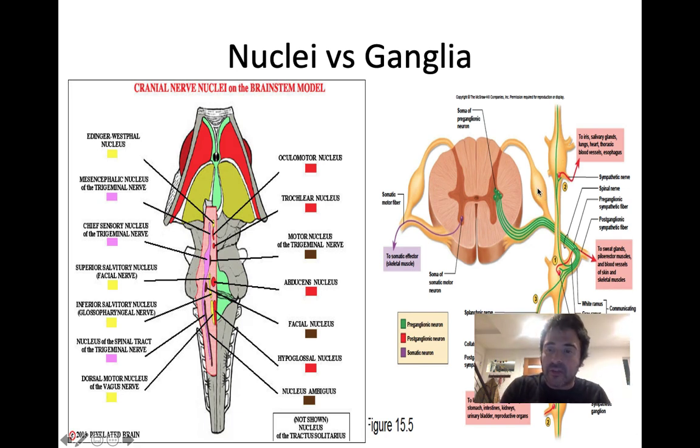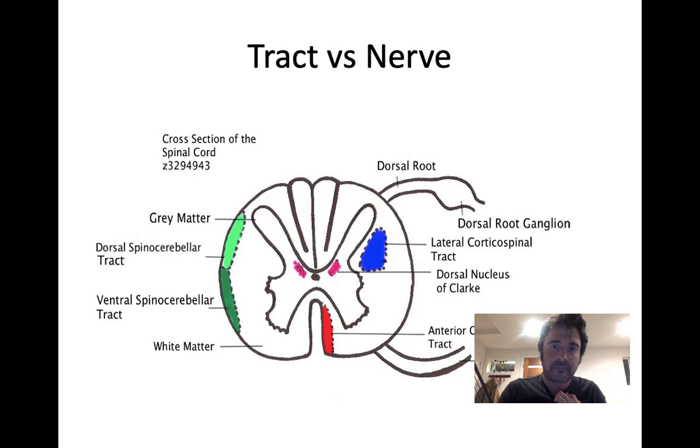So we're going to see things like the dorsal root ganglion, the sympathetic chain ganglion. Just know that a ganglion is a chunk of gray matter in the peripheral nervous system that's responsible for carrying out a specific set of functions. So central nervous system, chunks of gray matter are called nuclei. Peripheral nervous system, chunks of gray matter are called ganglia.